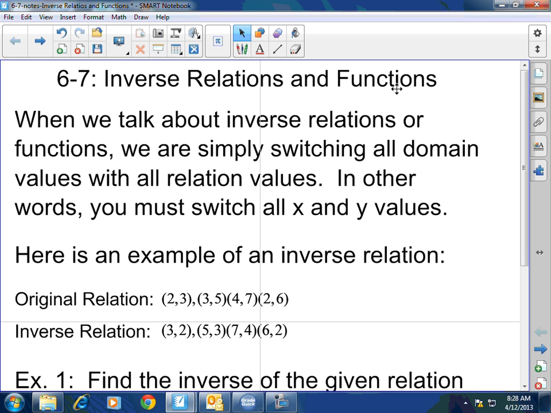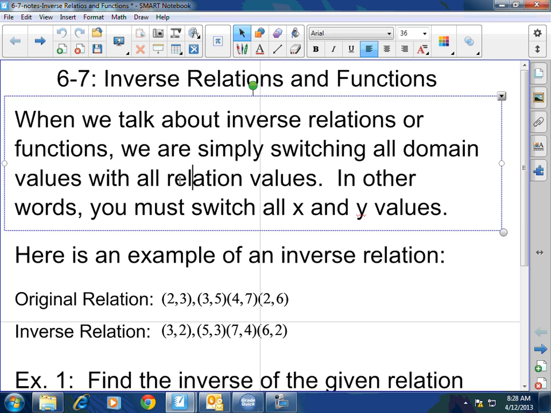So let's go back to the definition. When we talk about inverse relations or functions, we are simply switching all domain values with all range values. Sorry, range values.